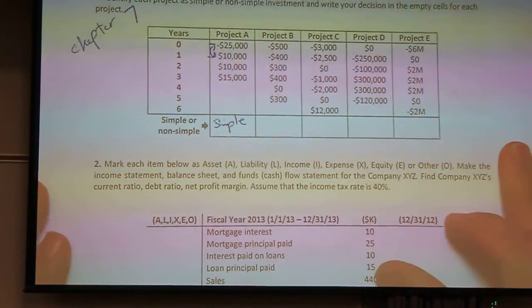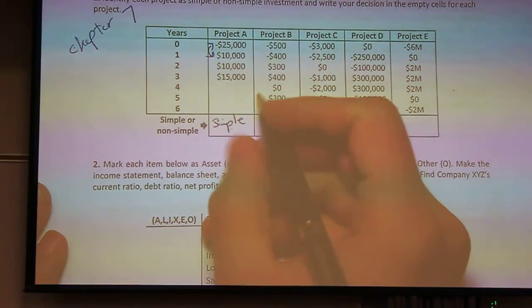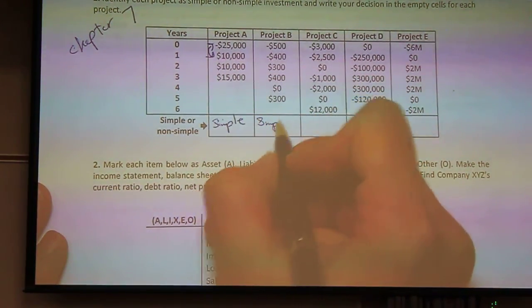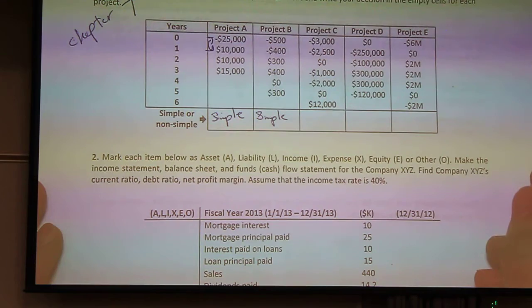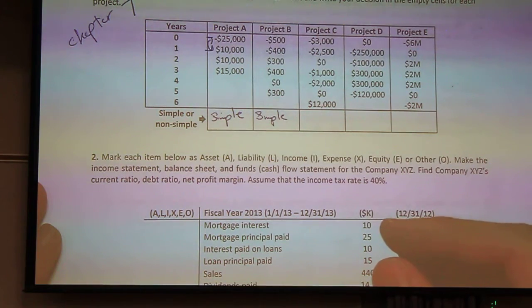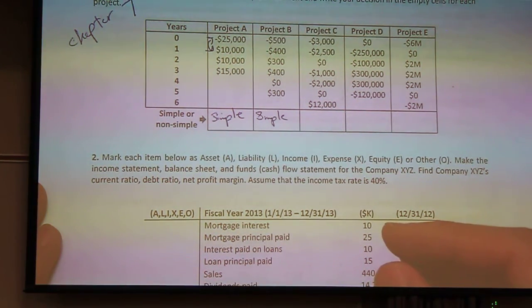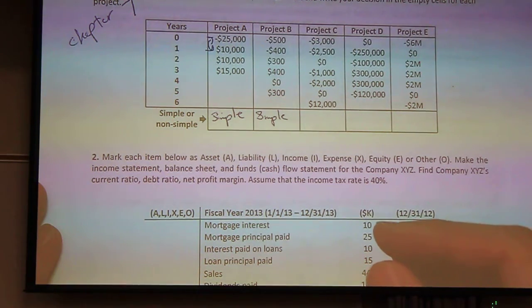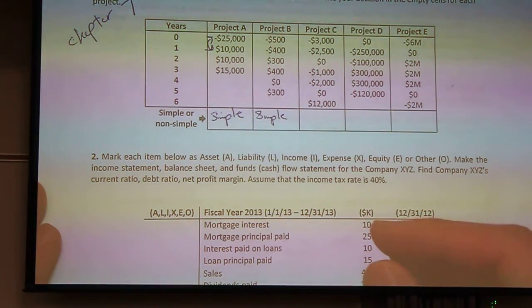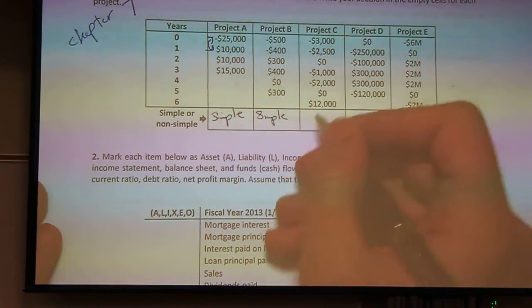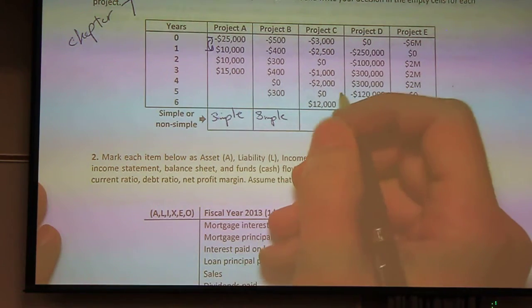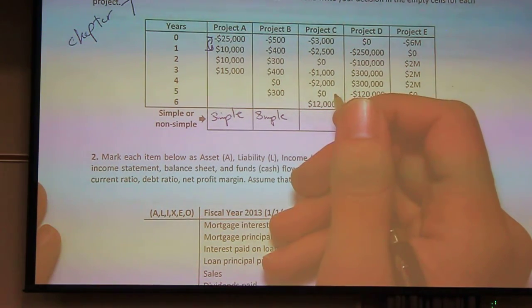Project B. Simple, not simple? Simple. Why? One sign change. Project C. Non-simple, right? It's simple.